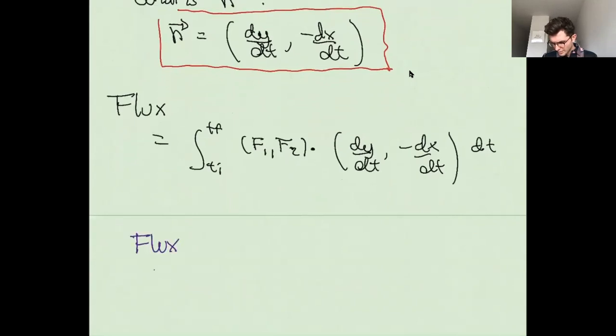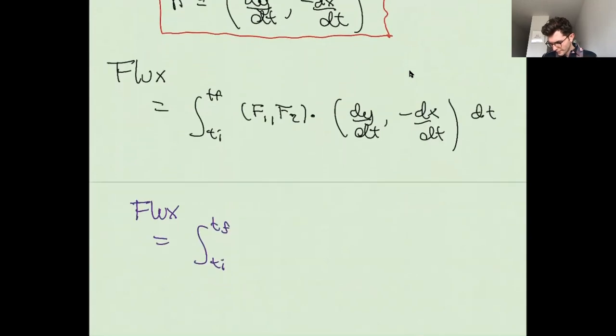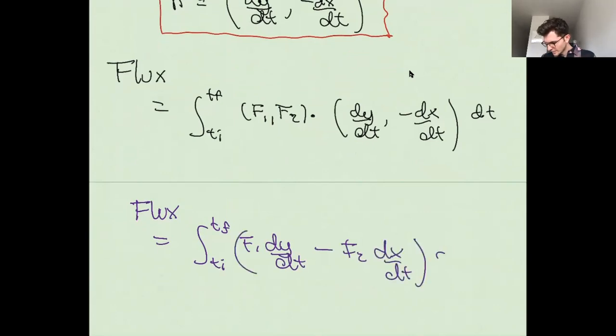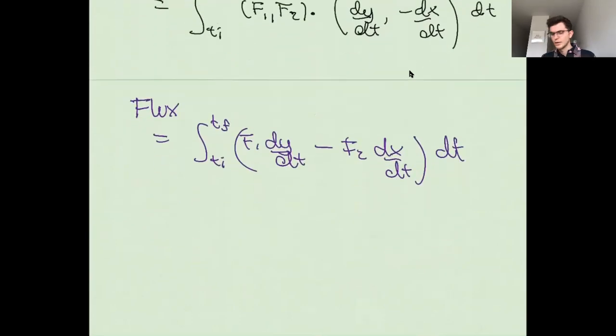Flux equals the integral from ti to tf of f1 dy dt minus f2 dx dt. And this gets integrated over time. Okay, so again, you just write it or memorize it or whatever.